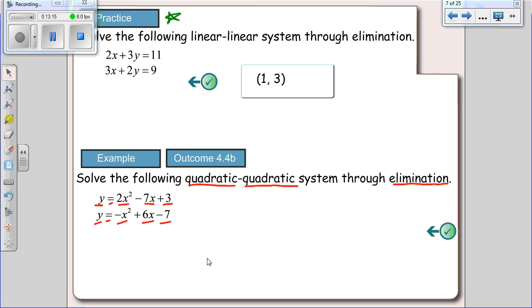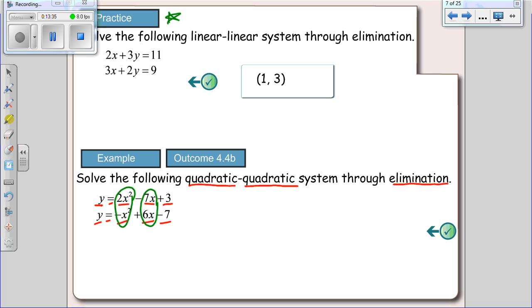So I don't just have to get rid of these x's, I also have to find a way to get rid of my x squares. So that means I'm going to be trying to find the lowest common multiple between 2, negative 7, positive 6, and negative 1. Like all those constant terms. And that's going to make things really difficult.